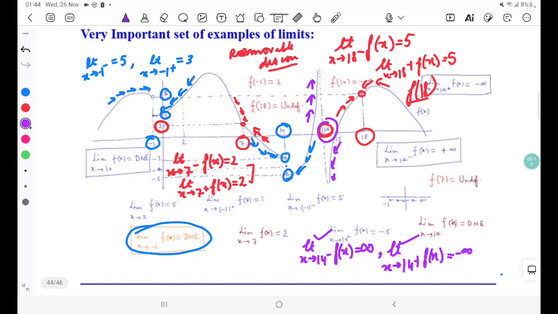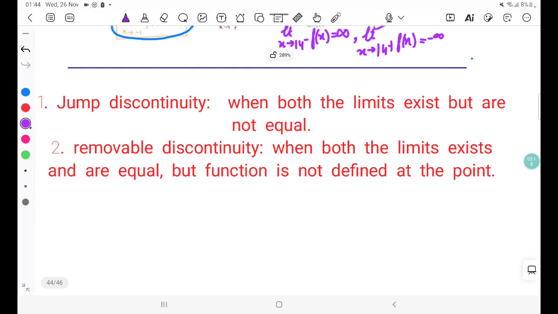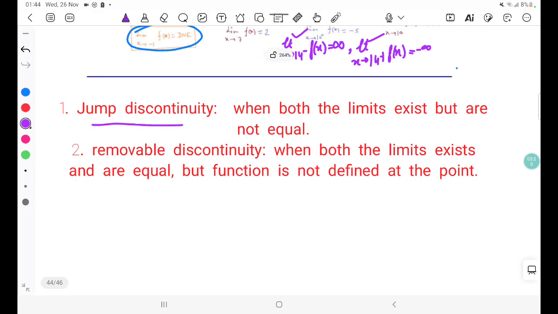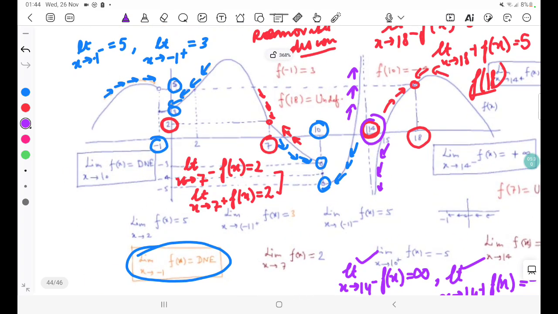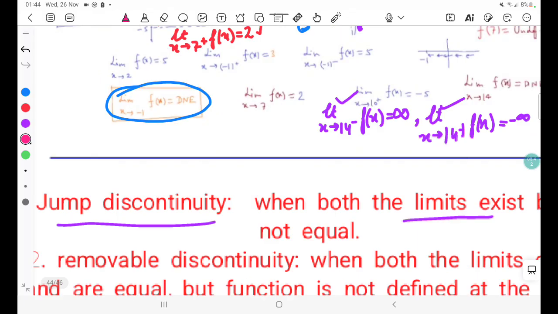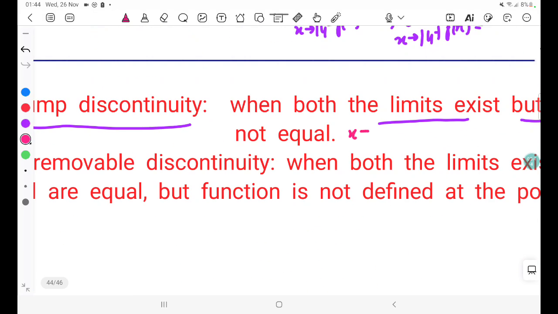So let's quickly summarize which types of limits we have studied in this graph. First, there is jump discontinuity. What is jump discontinuity? When both the limits exist but they are not equal. Like we saw in this graph, the points marked with blue pen, x = -1 and x = 10, were the points of jump discontinuity.